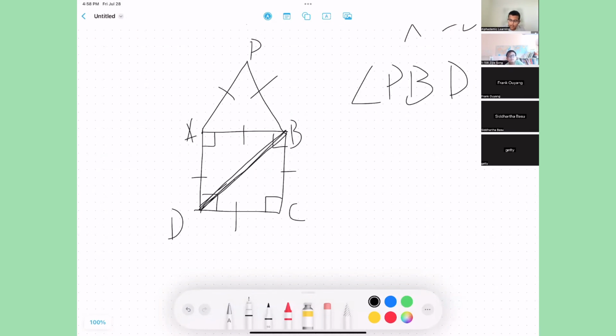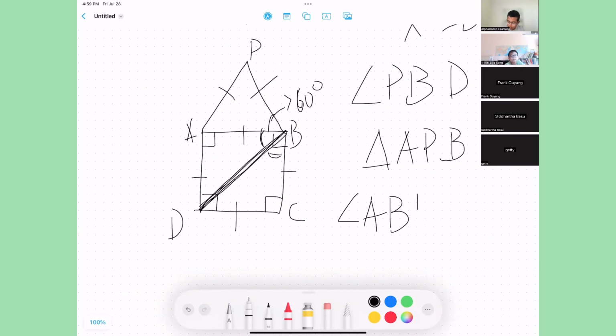And since triangle APB is given to be equilateral, this angle is 60 degrees. And the diagonal in a square splits these angles in half. Or you could have just noticed that angle ABD equals angle DBC because of SSS.